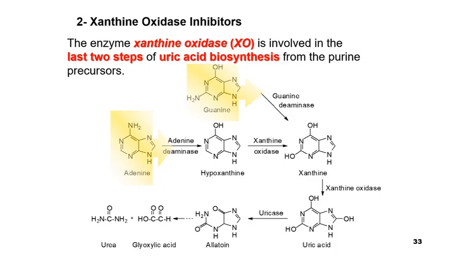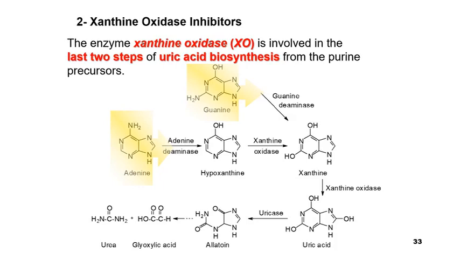Xanthine possesses two OH functions, and it is produced either by guanine deaminase or by xanthine oxidase through its activity on hypoxanthine. A third OH will substitute the remaining hydrogen, again by the activity of xanthine oxidase. This will synthesize uric acid. Uric acid is easily converted after this into more soluble derivatives by the activity of uricase.